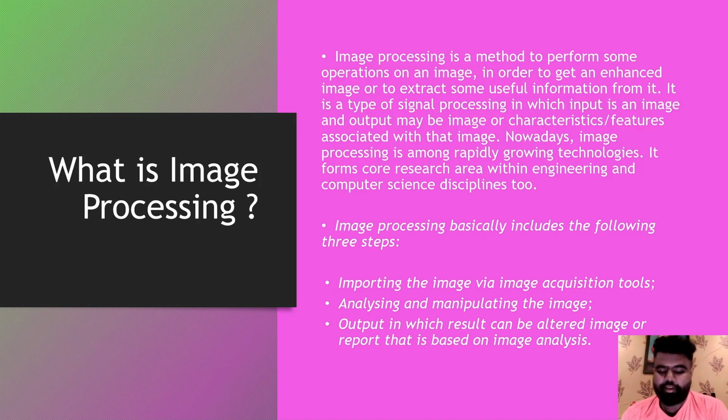It involves the use of computerized algorithms for analyzing an image with respect to an application. So in simple words, image processing is nothing but taking an image from a user, and from that image we get an output which is useful for us, and we analyze that image to get useful information from it.